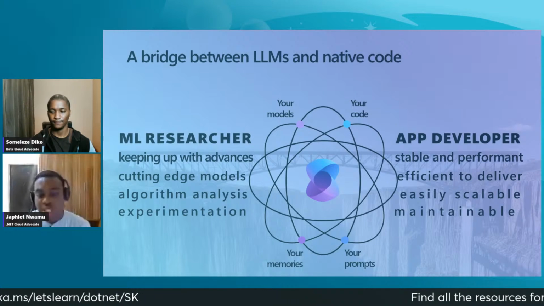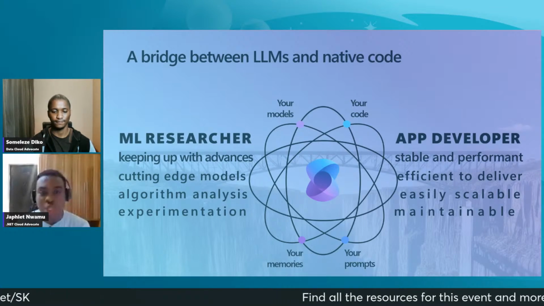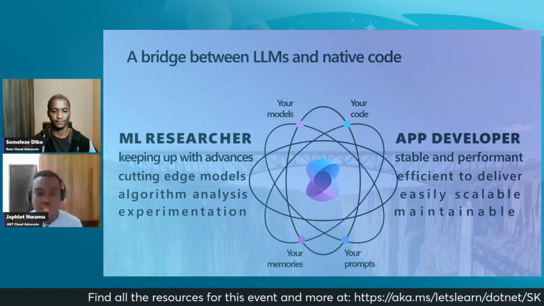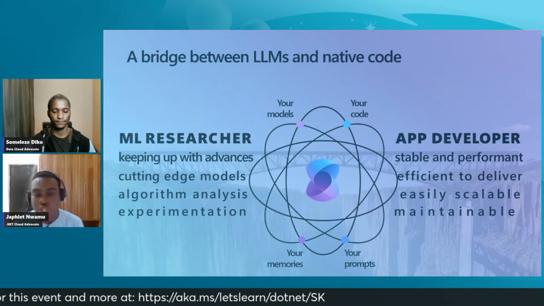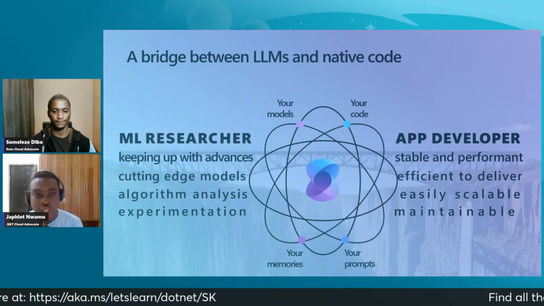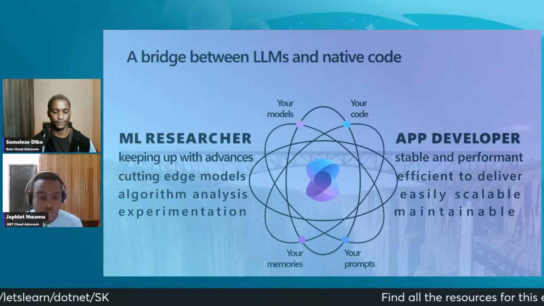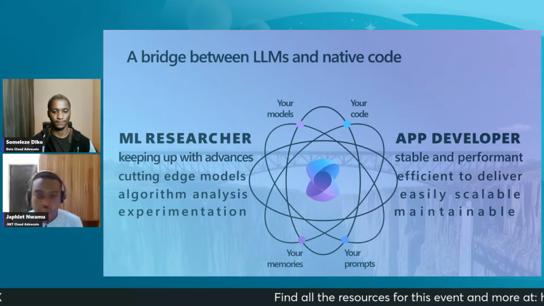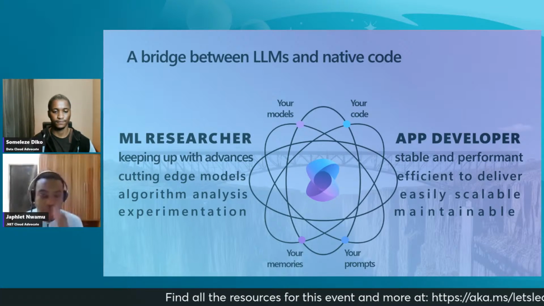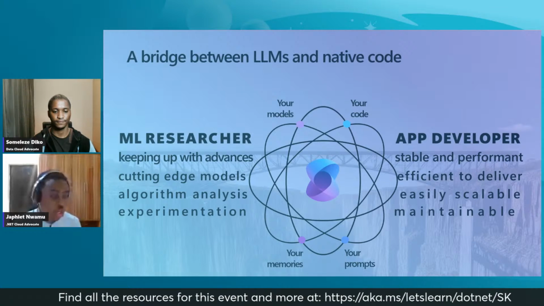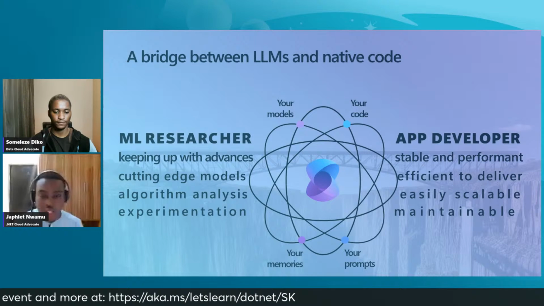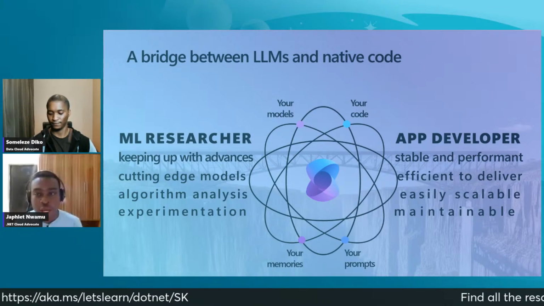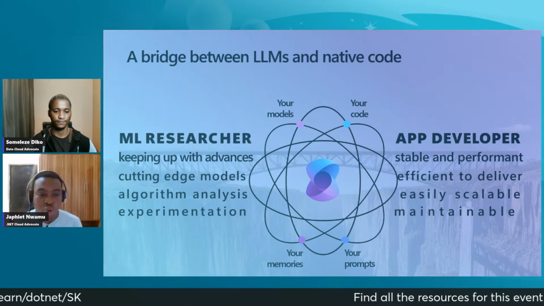And it's always, as Someleze has mentioned, great to see collaboration between two parties: those who have industry experience, those who are good with researching, and those who are able to build the solutions and bring them to life. If you're a machine learning researcher or an application developer with Semantic Kernel, it's easy to go from one point to another without having to learn much.